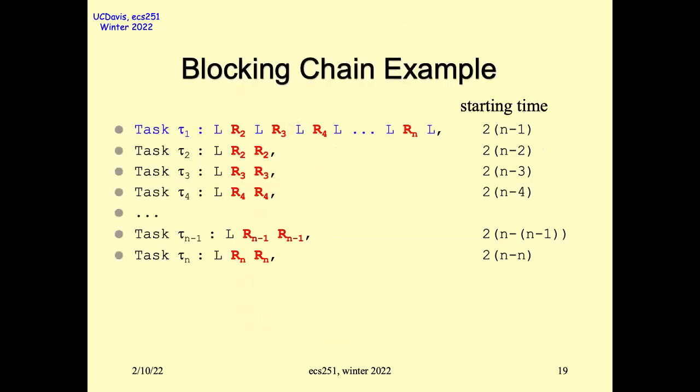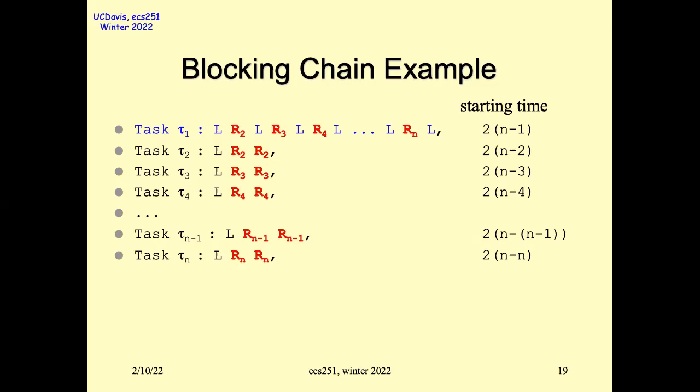So here is an example. I have n different tasks or n different threads. Tau 1 is the highest priority thread. It needs n different resources. And guess what?